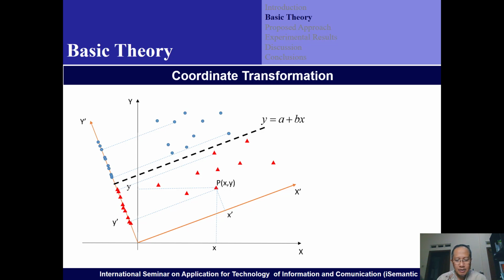This line equation is used to separate the two data groups, namely the blue dot group and the red triangle group. T is a transformation function that maps old coordinates to new coordinates. This is the main formula used for transformation. This formula is orthogonal to the formula above.